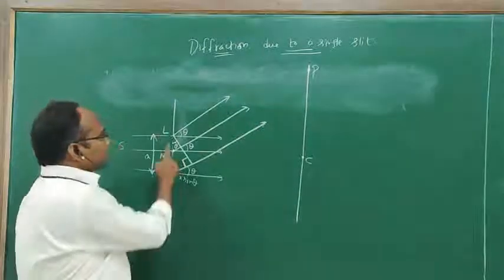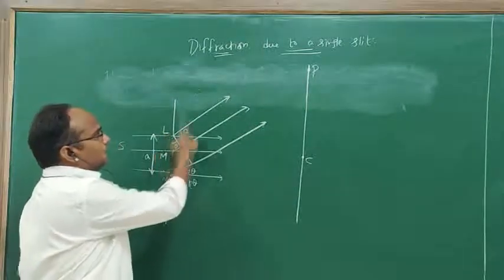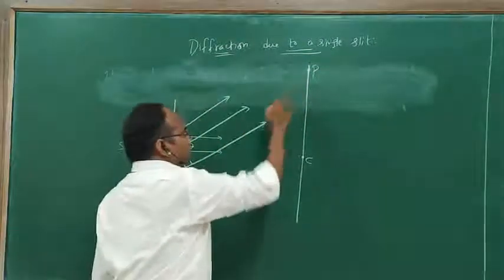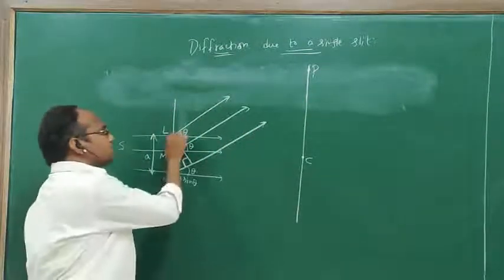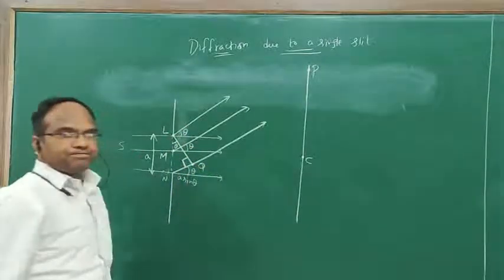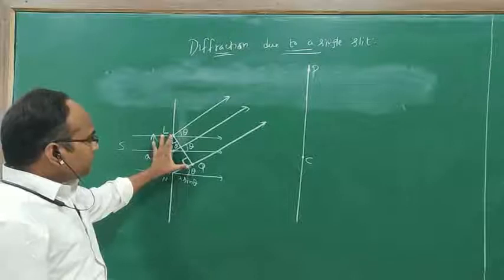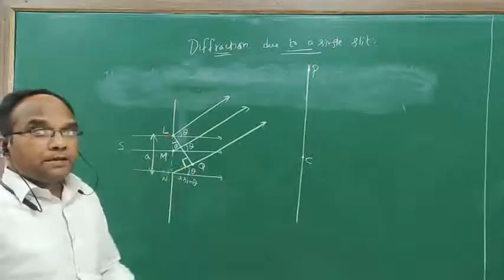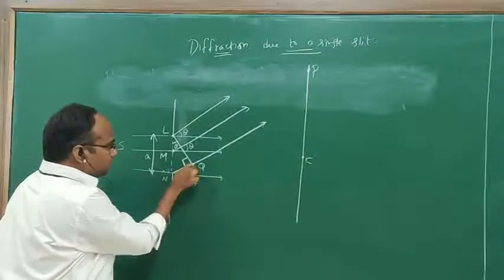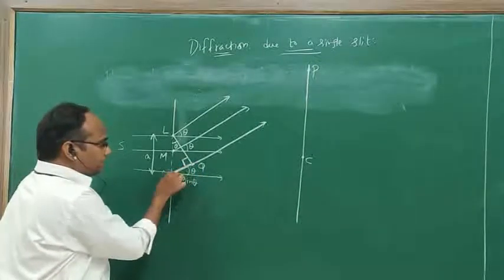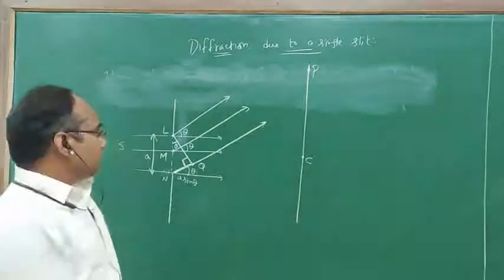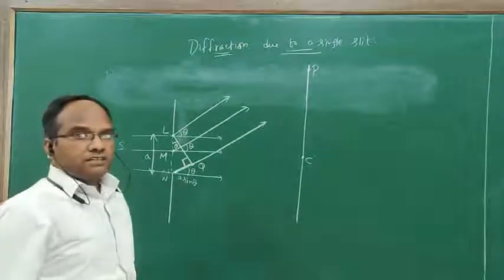So here this is L and this ray is touching P, and N is also touching P. So this point, as well as L, I will name as Q. So L as well as Q, they are at the same point. But what is the difference? This NQ is nothing but the extra distance.